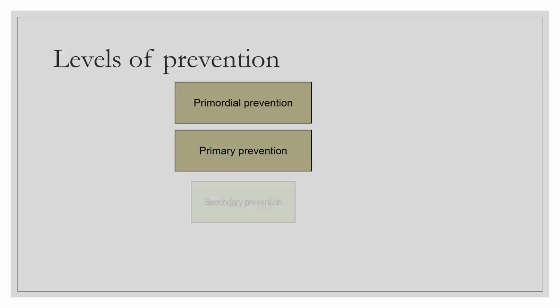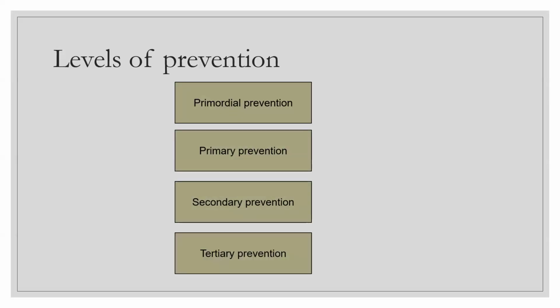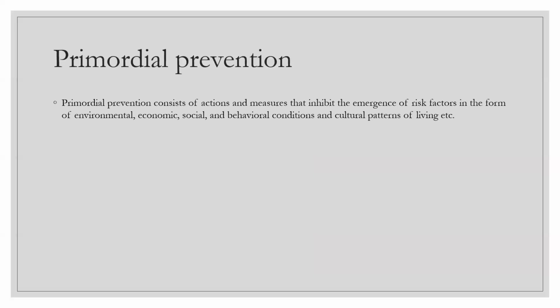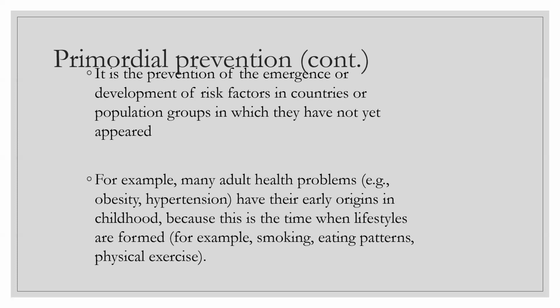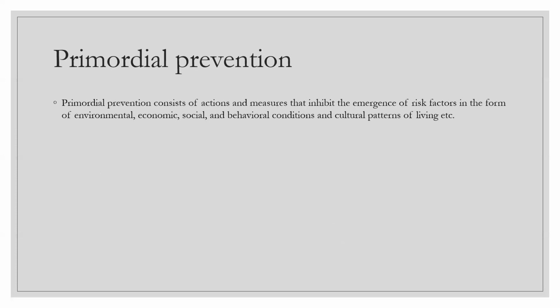But let's look at the typical levels of prevention. I've told you there's a fourth one, which is quaternary prevention. And see whether we can understand what each of these levels are. Primordial prevention. In primordial prevention, there is not yet exposure to risk factors.